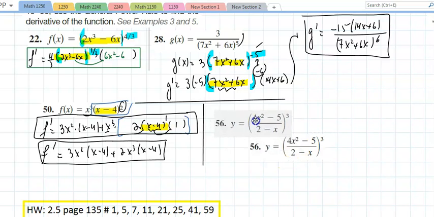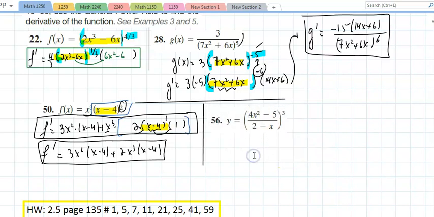And on the last problem, if I want to take a derivative of this, the insidemost function happened to be this mess. So the outside function is really this cubic function. If I want to take the derivative of y with respect to x, the first thing I will do is take care of the outsidemost function. Bring the power down, subtract 1 from the power. And I leave this alone.